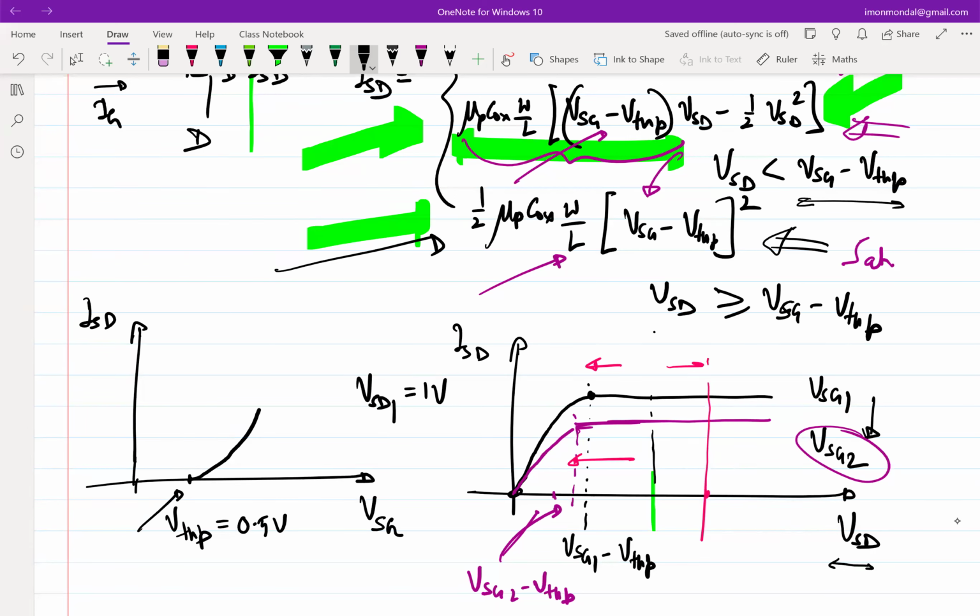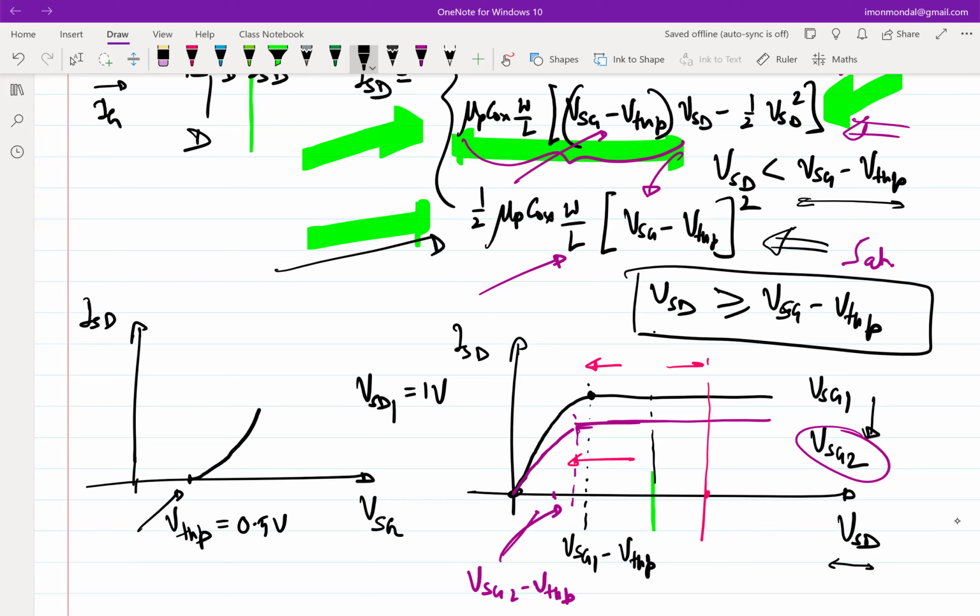And till what value of VSG can I keep on increasing VSG before it runs out of saturation region? So which condition am I looking at now? There is only one condition, right? This guy.